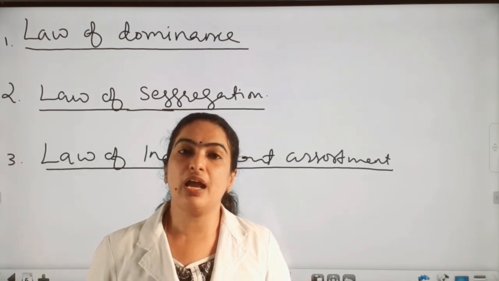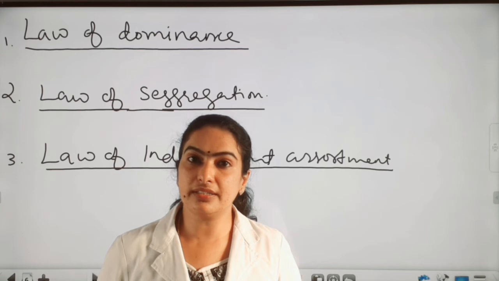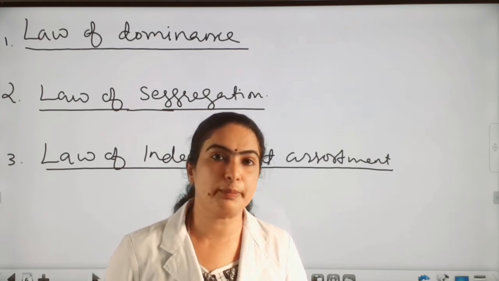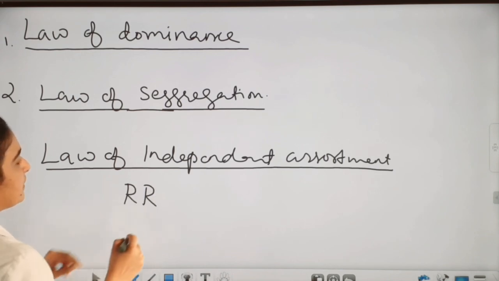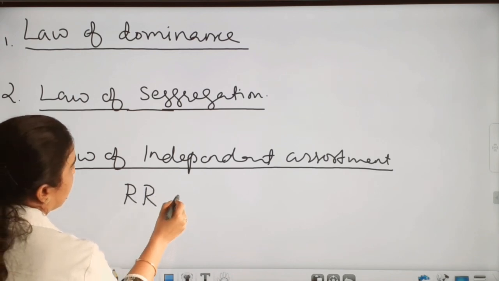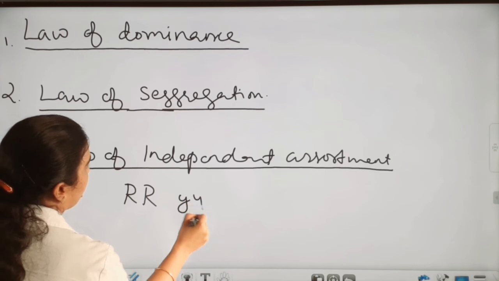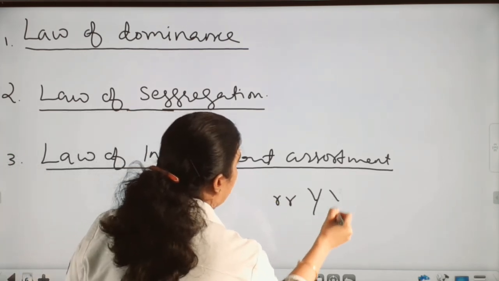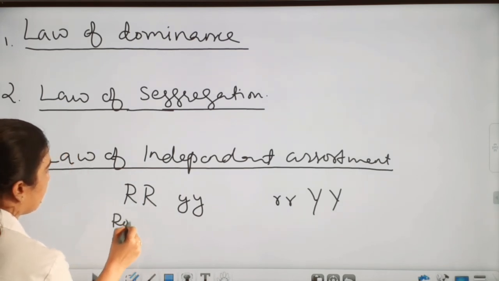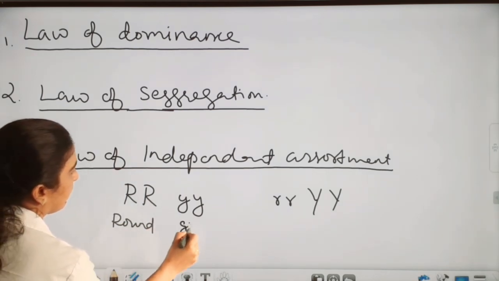As I told you, the round green and wrinkled yellow experiment. And here he gave capital R for round, then small y for green, and here small r, then capital Y.